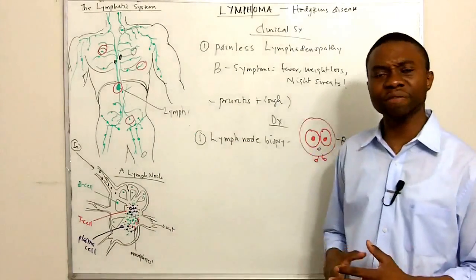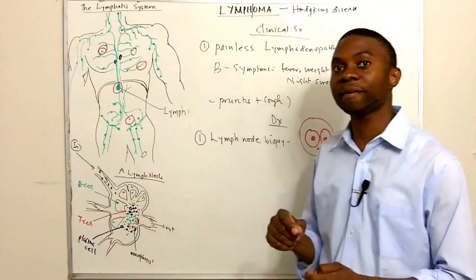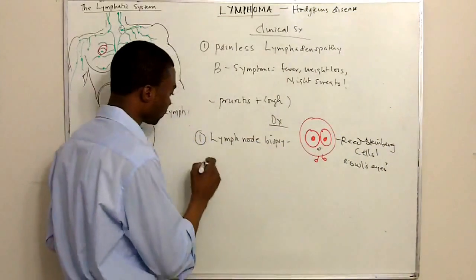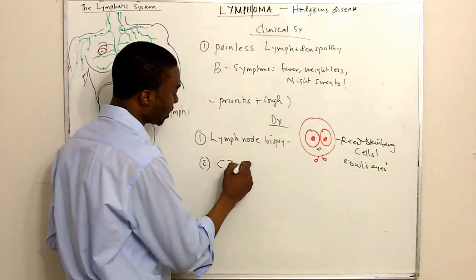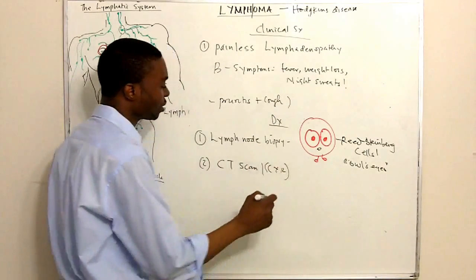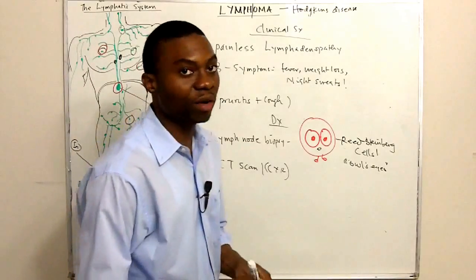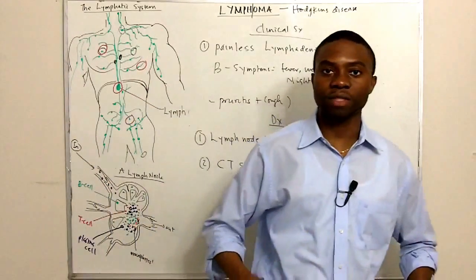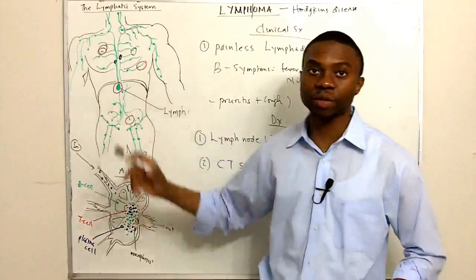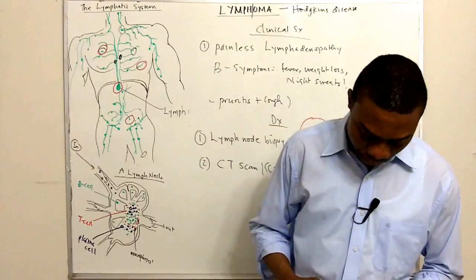Well, how can I see a lymph node without taking a needle and taking a bite? We can do a chest x-ray or a CT scan. If we don't see anything on chest x-ray, you want to do a CAT scan of the chest, abdomen, and pelvis in order to be able to see the swollen lymph nodes inside the body.